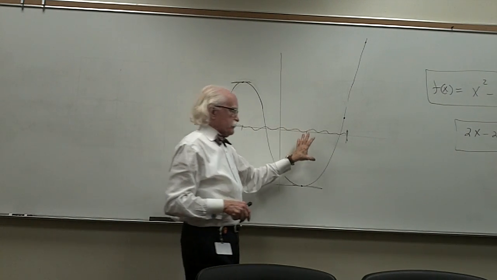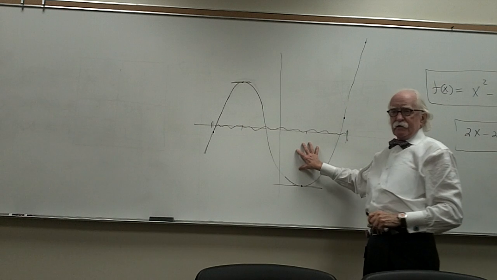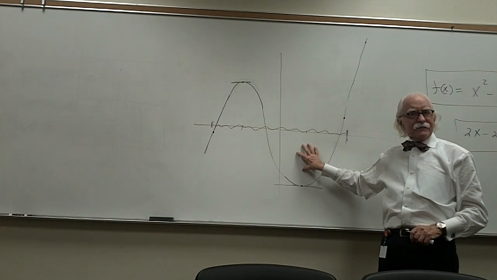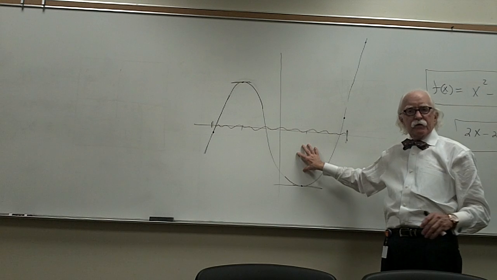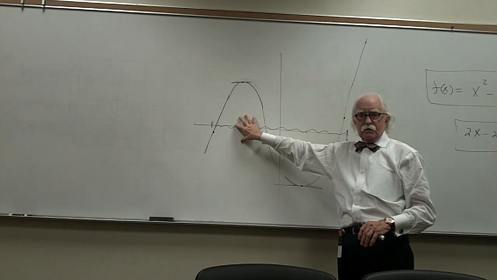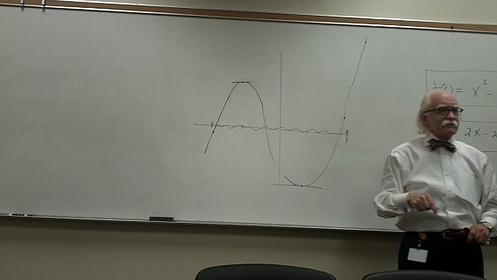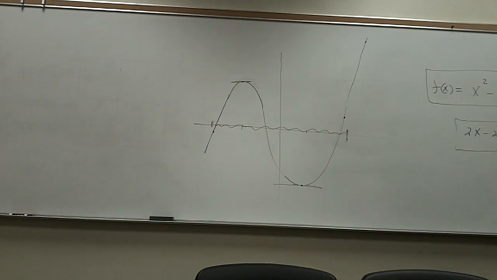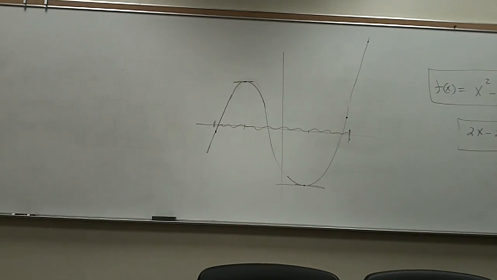But if I'm looking at this side over here, this appears to hold water. That makes sense? If you just look at it, holds water, does not hold water, right? So my question is, where does it go from not holding water to holding water?